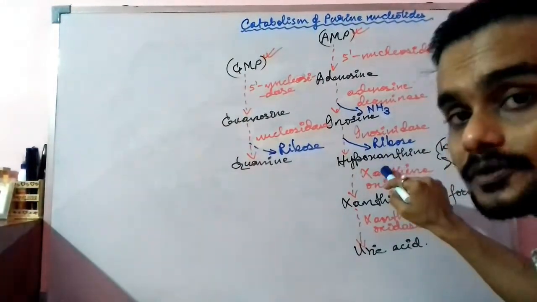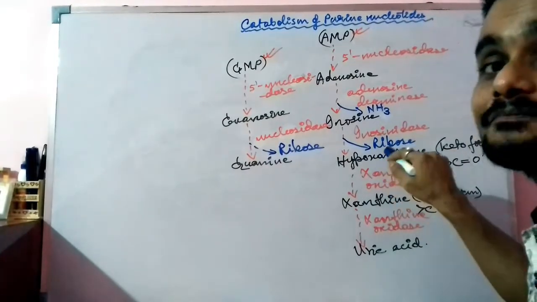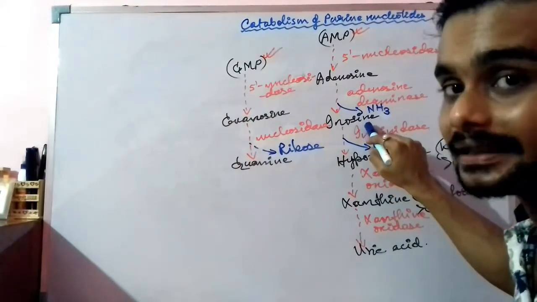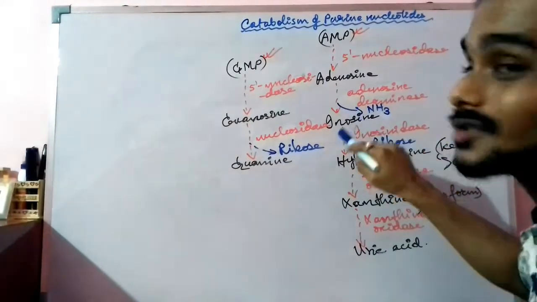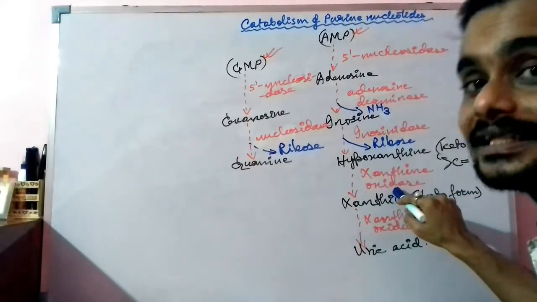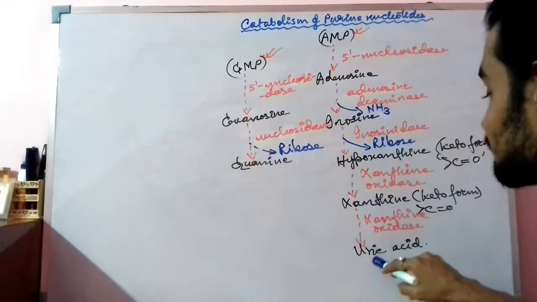That means hypoxanthine is actually that nitrogenous base. That hypoxanthine along with the ribose forms the inosine. So with the removal of the ribose, inosine is converted back to hypoxanthine. Now hypoxanthine in the presence of xanthine oxidase forms xanthine, and xanthine in the presence of xanthine oxidase forms uric acid.